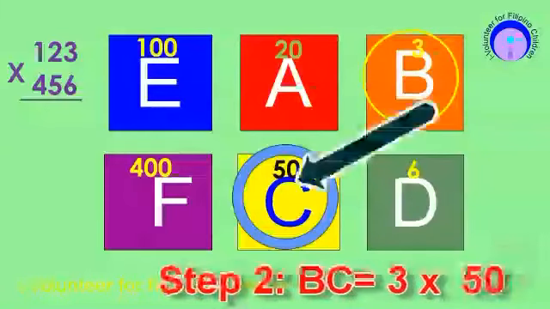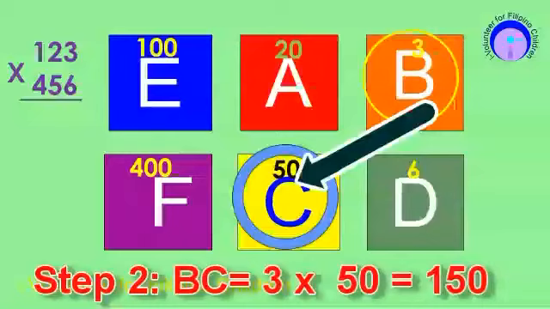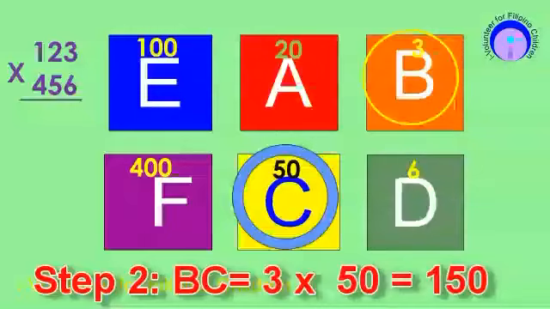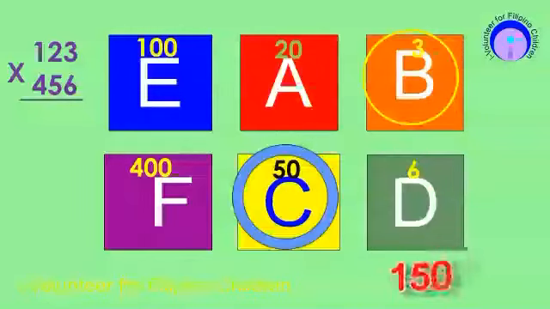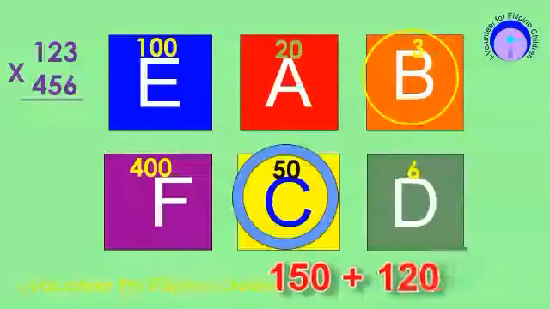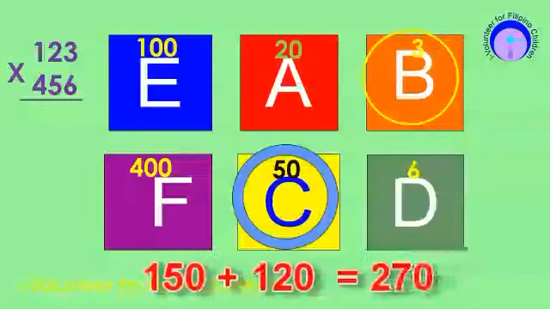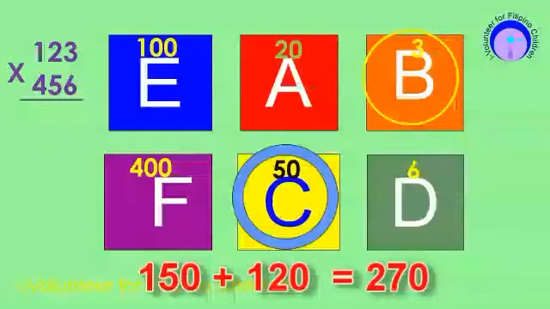Multiply B and C. 3 times 50 is equal to 150. 150 is not the final answer. 150 will be added to 120 to become 270. Please remember the answer for any step because it is needed on the next step.